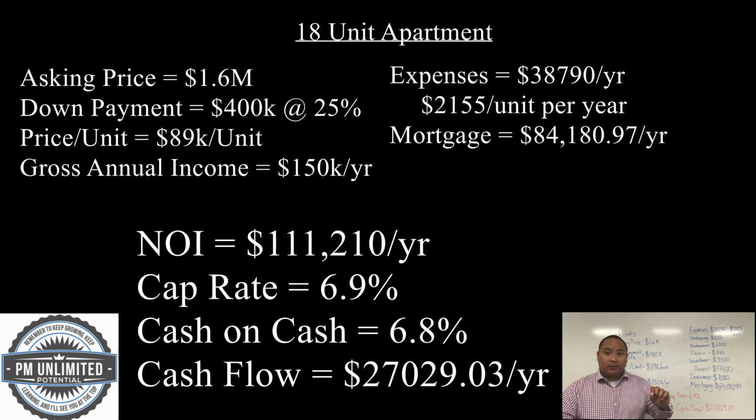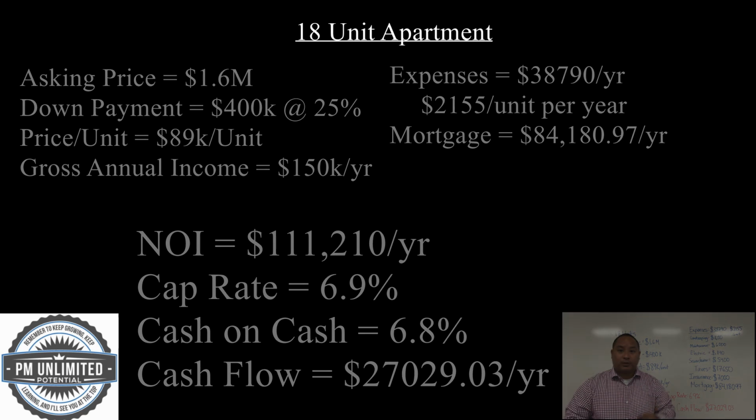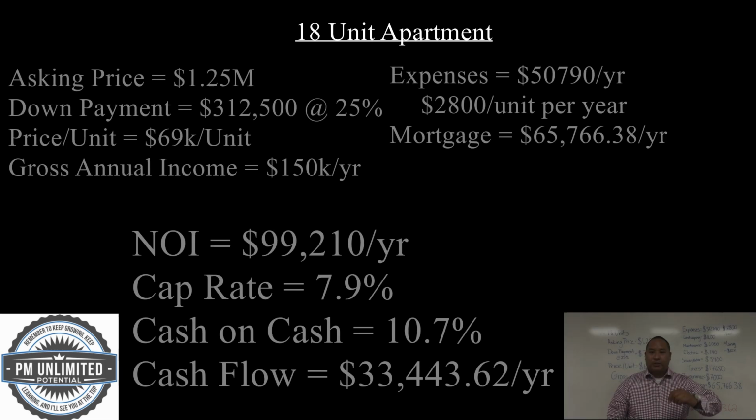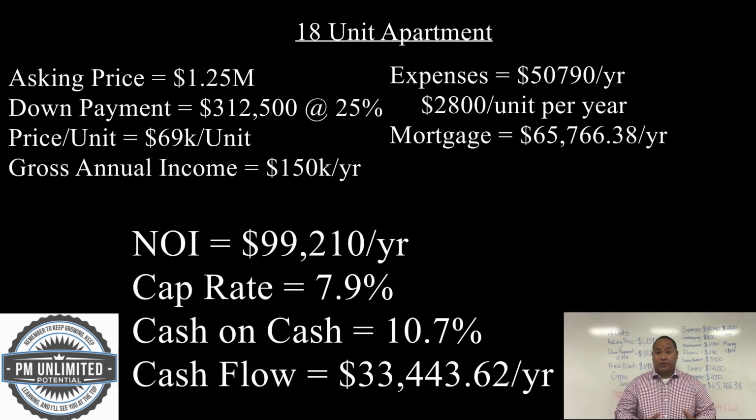Now let's take a look at the numbers we're actually going to use to help us determine a good purchase price. All right, guys, so now that we looked at the numbers the broker sent us, I'm going to go straight into the numbers that I used to make an offer on this deal and what my returns are going to be in order to know that I can cash flow this property and to know that I'm protecting my investors.